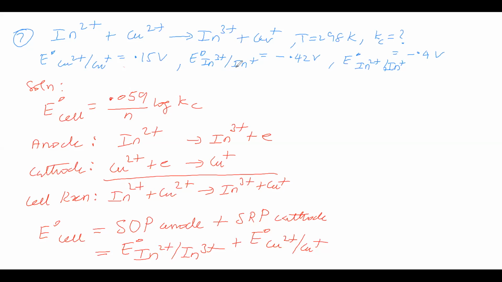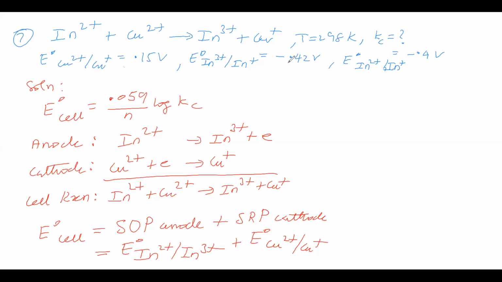First, we will consider In3+ | In+, meaning In3+ is converting into In+. For that, the potential is minus 0.42 volt. This point we will consider here. What is the given data?